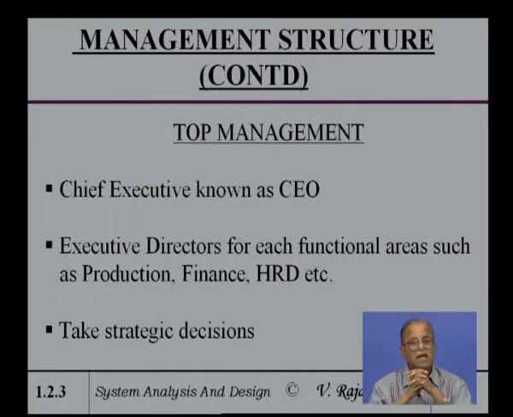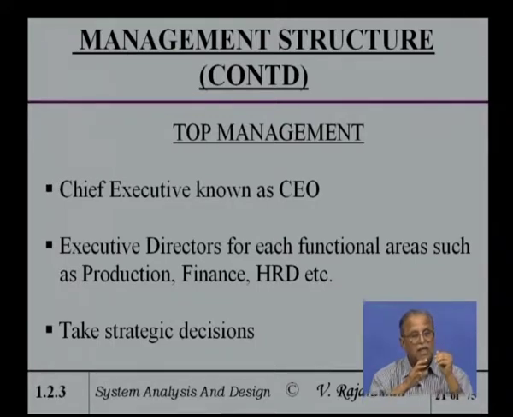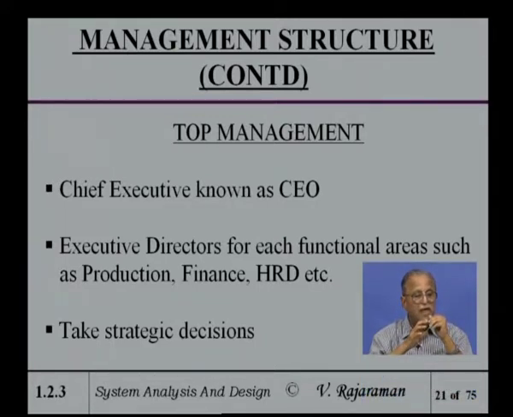So, as I said, top management is the chief executive, called chief executive officer or managing director, what have you. There are different names for that, and executive directors for each functional area, or vice presidents or general managers, and so on. And normally the chief executive officer has got a board of directors.